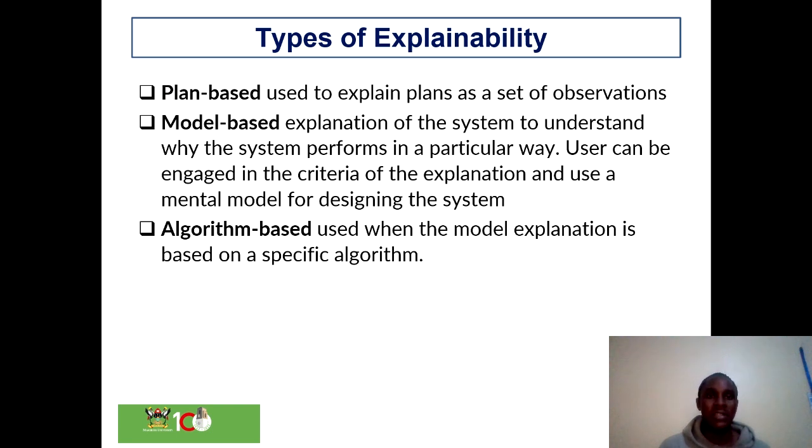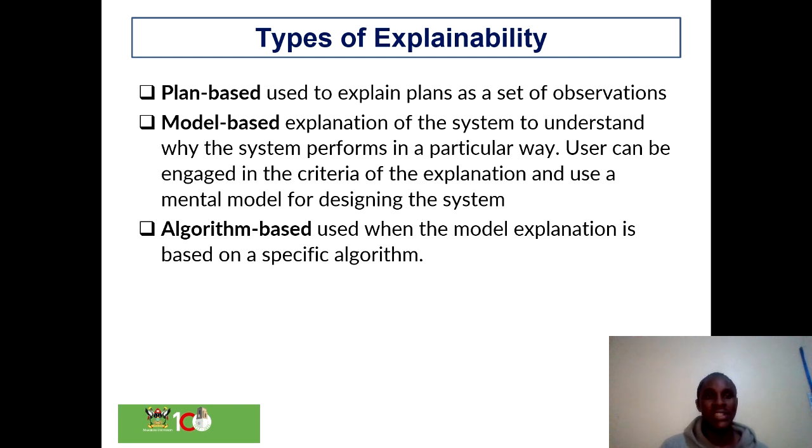So the types of explainability they pointed out from the review were plan-based. So this is when you have a plan, and then you set out to explain that plan based on a set of observations from your model.